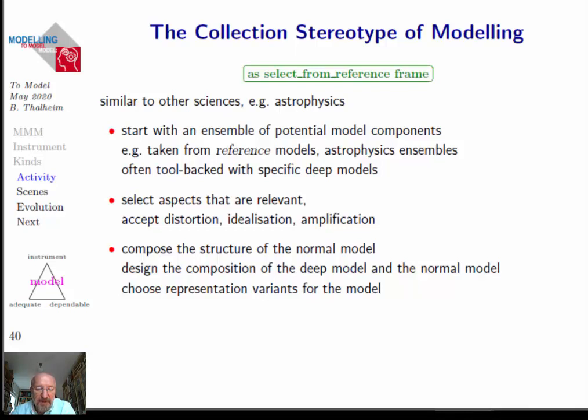The deep model, however, is already given somehow, and for this reason we need a composition of the deep model and the normal model. And we might have to choose among representation variants for the model. That means in this case we have some kind of specific pattern or stereotype that we can use depending on the kind of the model.